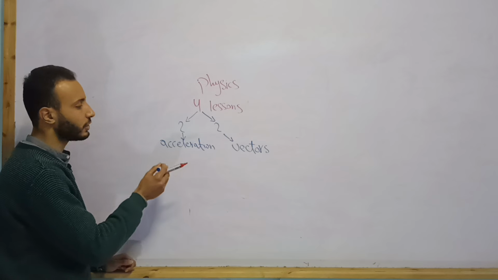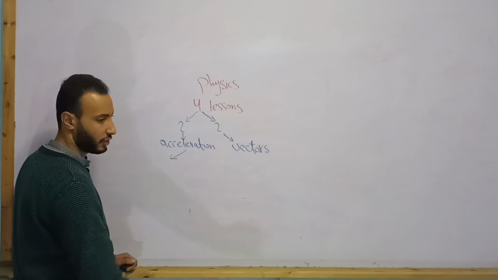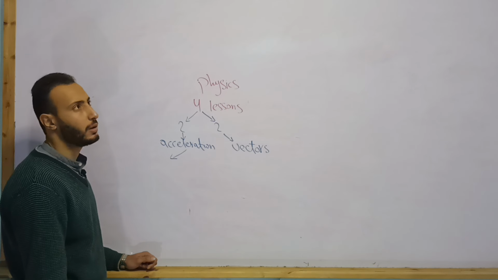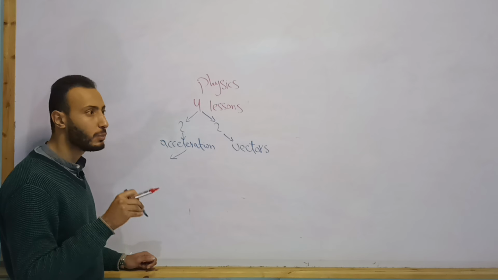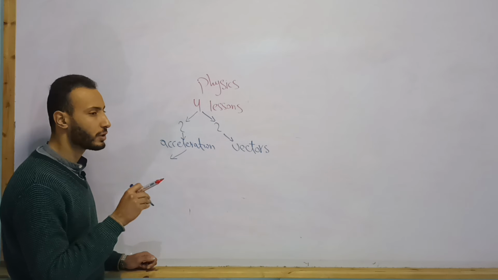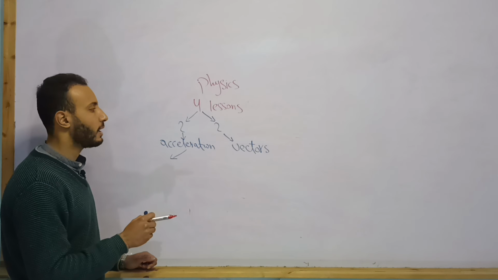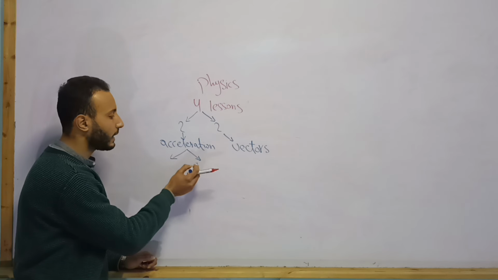Okay, acceleration, here we have the regular acceleration, which is acceleration of any car, acceleration of any object that is moving forward or backward. Okay, and the other one is the free fall acceleration.